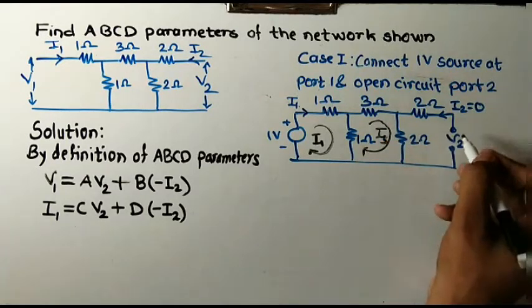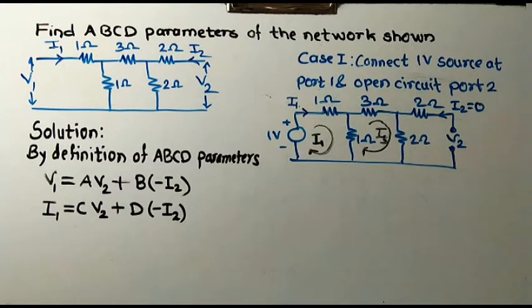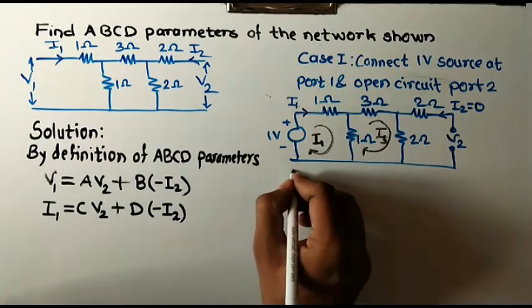Let us assume that this current is I3 instead of I2, because I2 is already 0, that's why we are considering this as I3. Now we will apply mesh analysis.